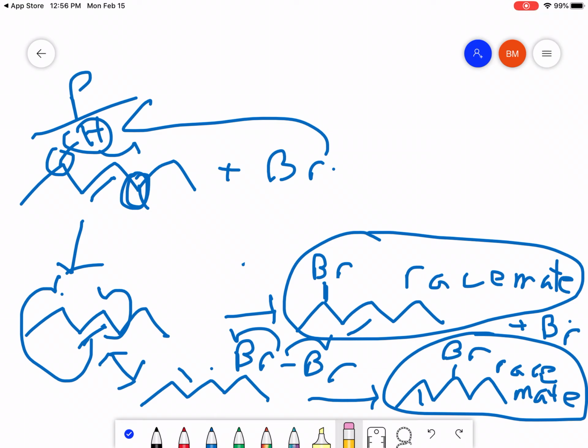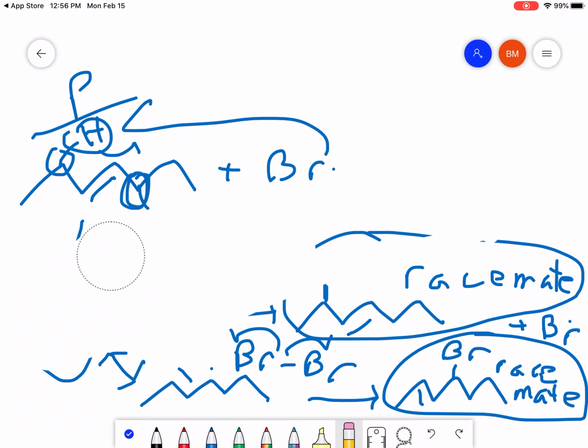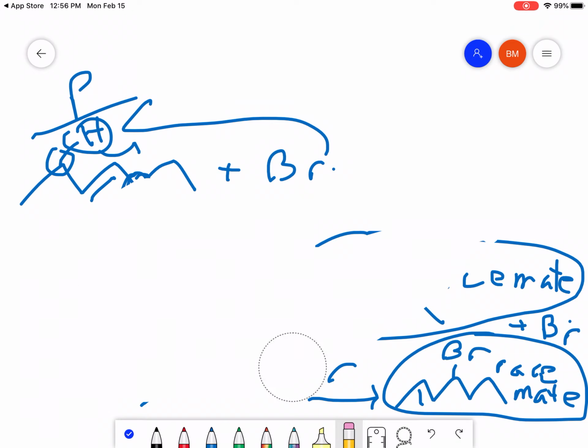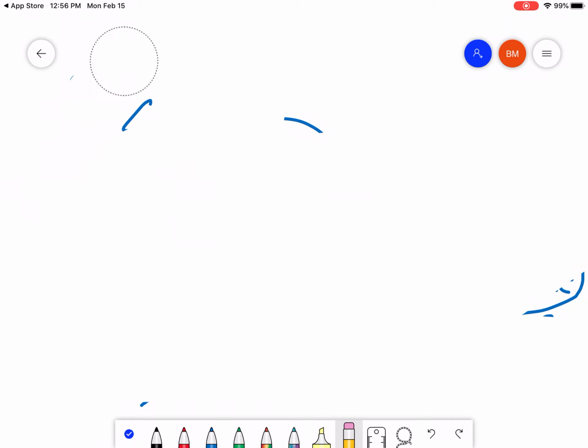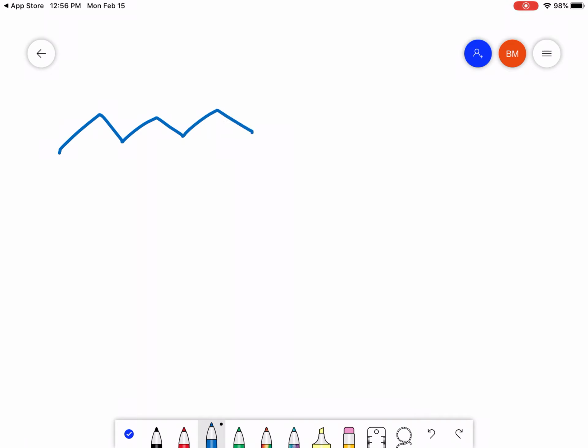All right. I'm going to erase this, and we're still working on the same problem, same propagation step. We're going to work off of the other radical that we could have formed. We're going to work off of this one.